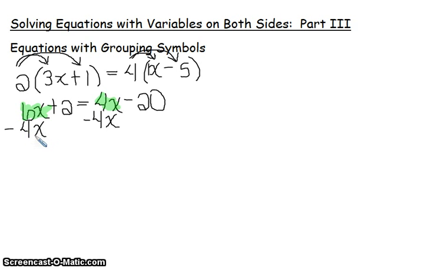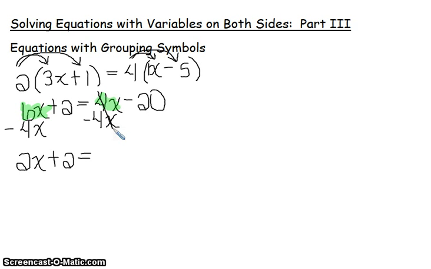And again, if you've highlighted your linear terms, it does make it a little easier to identify where to line your subtraction problem up there. But we have 6x minus 4x, which leaves us with 2x plus 2 equals, and on the other side, this is 0, which was the point of subtracting 4x.